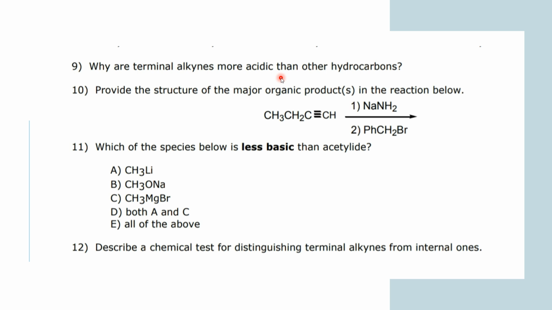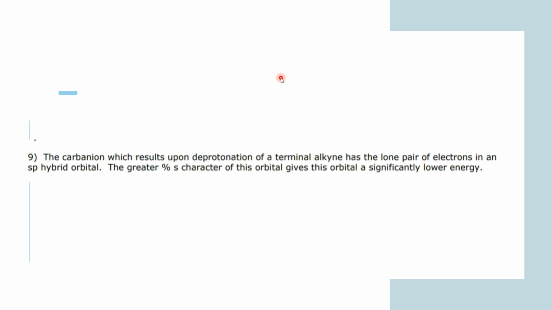You can visualize that the negative charge formed due to extraction of the acidic proton is present in an sp hybrid orbital. Okay, C triple bond C is formed by sp hybridization.